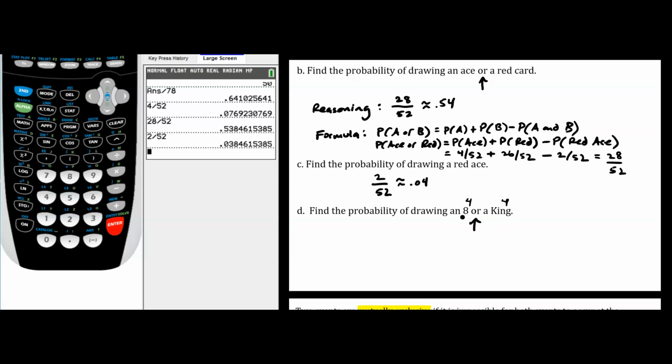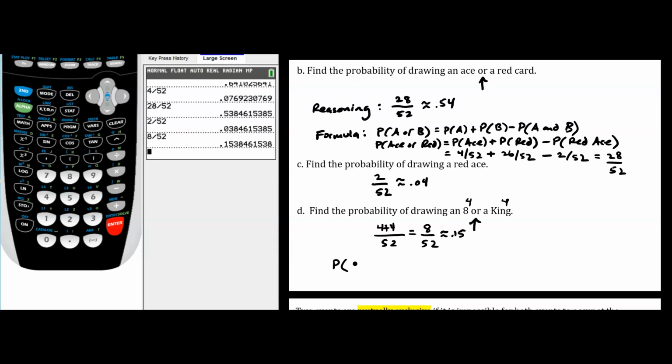And so in this case, when we look at that deck of cards and identify that there's 4 8s and separately 4 kings, we see that the likelihood of drawing an 8 or a king would be 4 plus 4 or 8 out of 52. And 8 out of 52 is equal to about 15%.